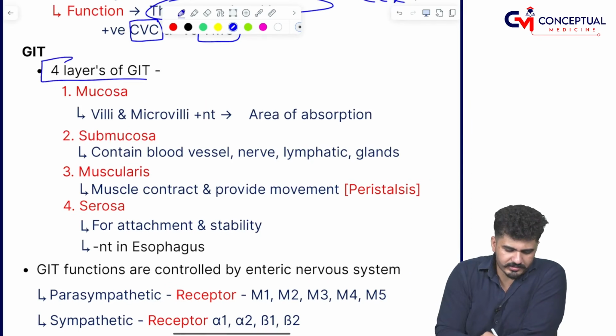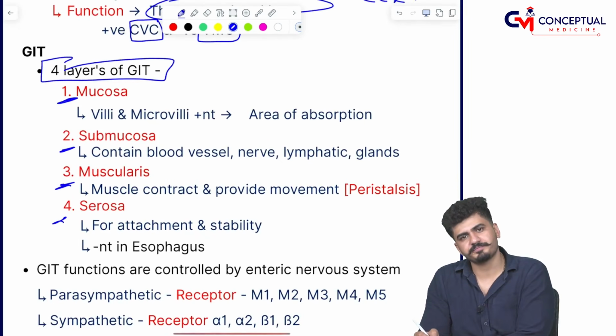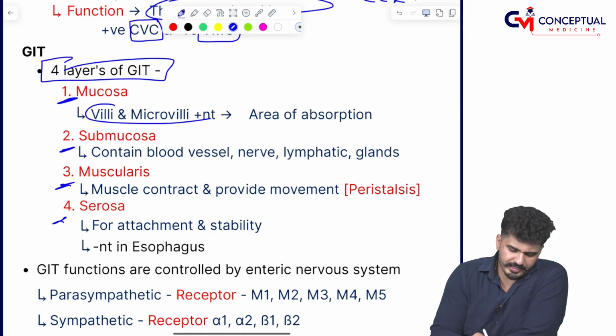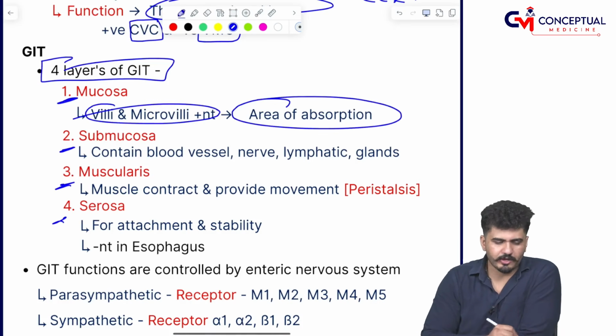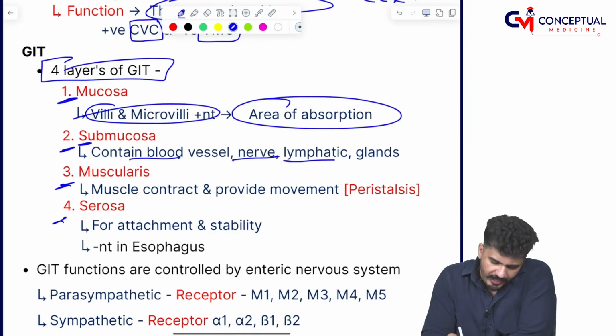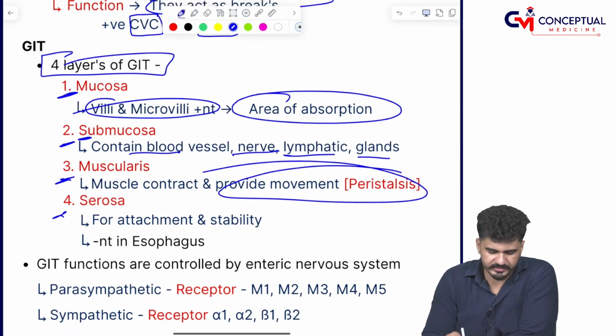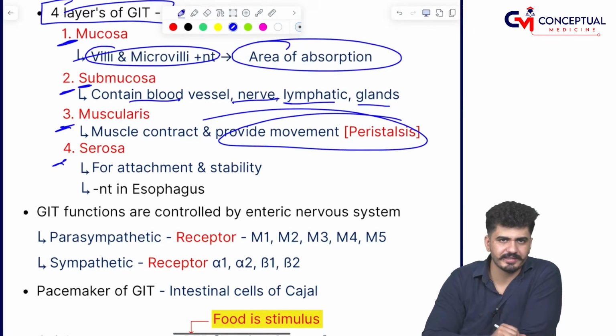Now the 4 layers of GIT. What are they? Mucosa, submucosa, muscularis and serosa. Mucosa has villi and microvilli, which increase the area of absorption. Second is the submucosa, which has blood vessels, nerves, lymphatics, glands. Muscularis is for peristalsis. Serosa is for attachment and stability.